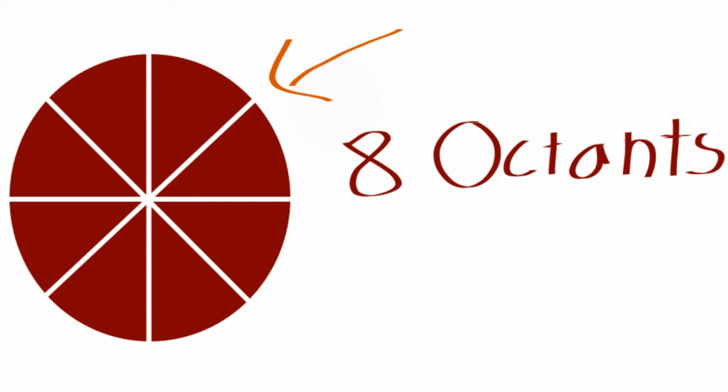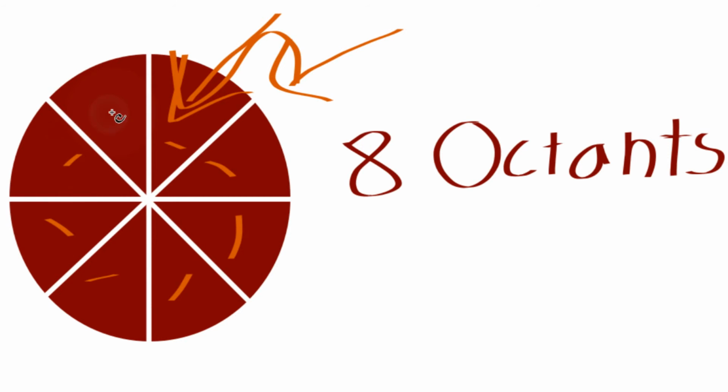This is a circle, and a circle can be divided into octants, and there are 8 octants in a circle. Bresenham only deals with drawing this part of the circle. If we are able to draw this, we can replicate it over here, over here, and over here, and likewise complete the whole circle.